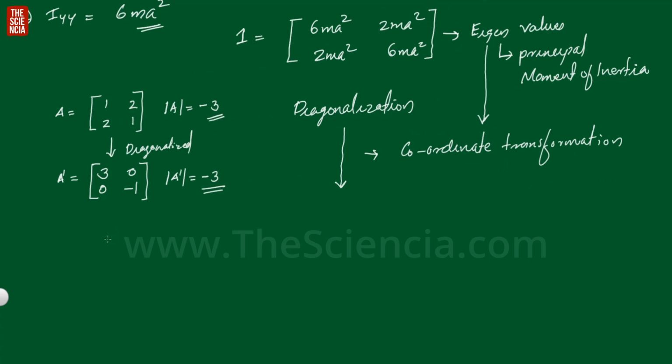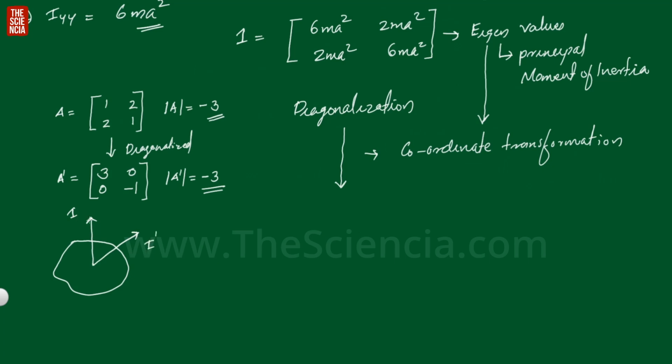Then what is changing here? Suppose this is a rigid body and this is our I, the moment of inertia, and after doing diagonalization, that is when we find out the eigenvalues, it will shift to another orientation.